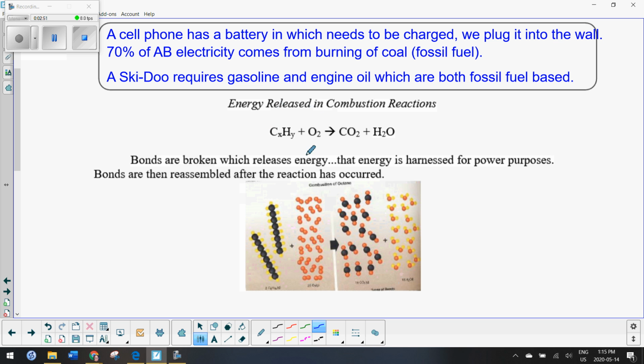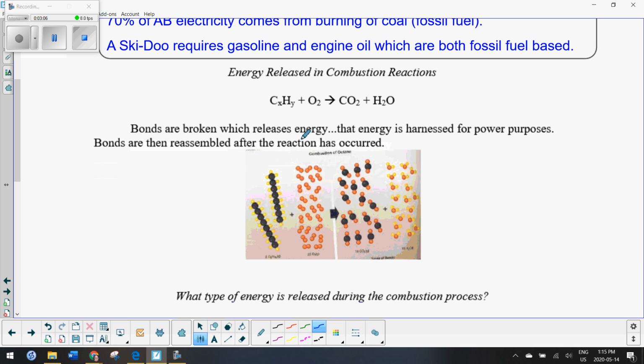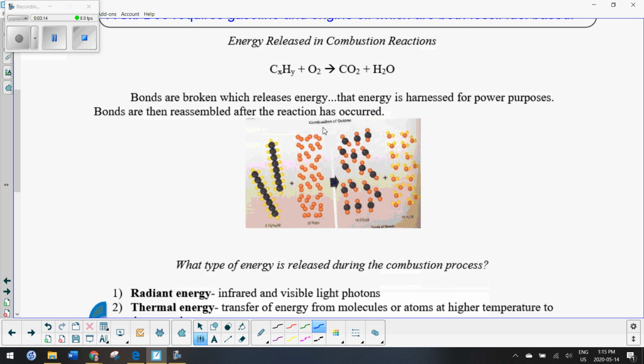So these bonds must be broken in order to release energy. Now we use that energy for power purposes to move forward or to light up our phone to make it work. Okay, so once that energy has been released, the bonds then reform at the end to create a new substance, which is why we have CO2 and H2O instead of our original reactants.